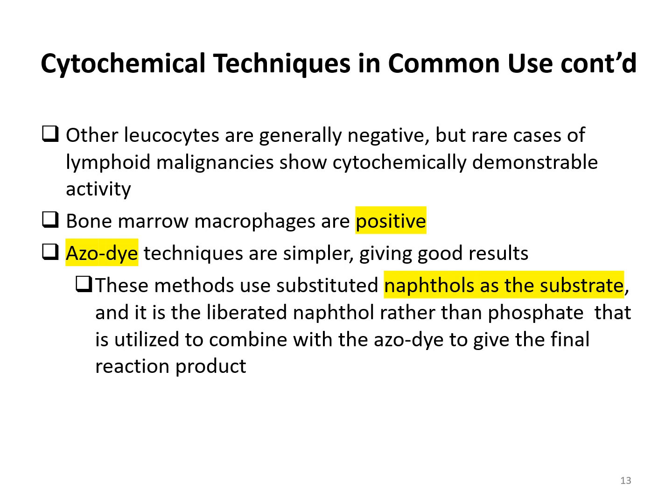In this case, the substrate that is used with the enzyme is naphthol, and this naphthol will be liberated rather than phosphate. If naphthol is allowed to combine with a dye, that will provide us with a coloration in the slide.